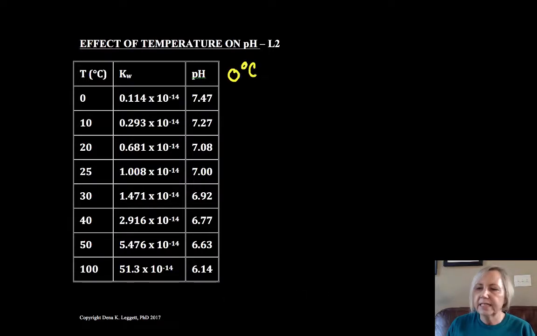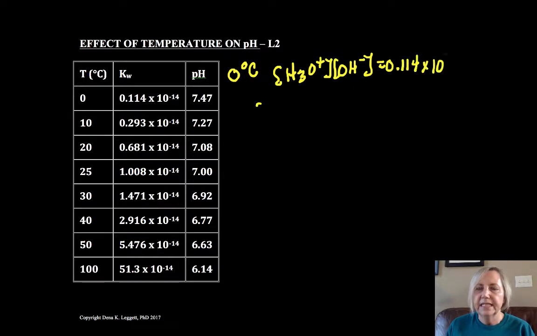Let's first look at 0 degrees Celsius. So we would have H3O plus times OH minus equal to 0.114 times 10 to the minus 14th. Since these are equal, we can say x squared is 0.114 times 10 to the minus 14th.